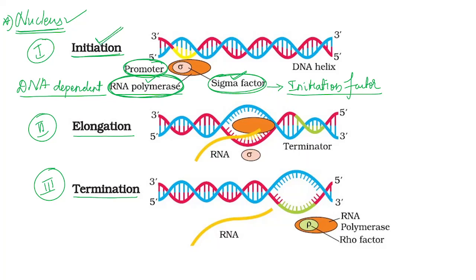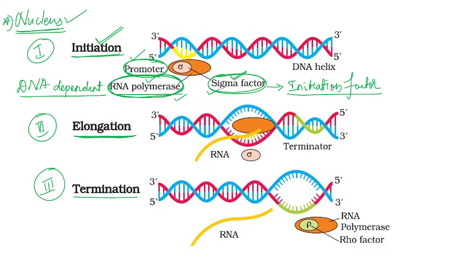I repeat the process once again. Initiation is the first step of transcription, in which RNA polymerase enzyme along with the sigma factor, or initiation factor, will come and bind to the promoter region. In the second step, elongation, what will happen?